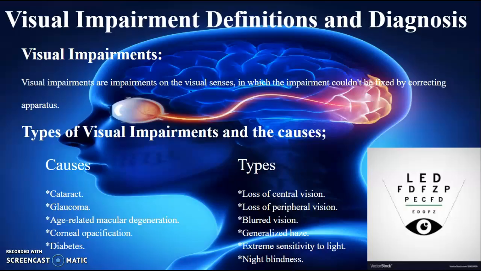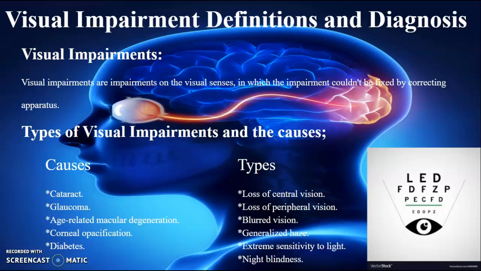There are many causes that will create a lot of types of disruptions or visual impairments, such as loss of central vision, and loss of peripheral vision, where you cannot see the side, not your central vision.